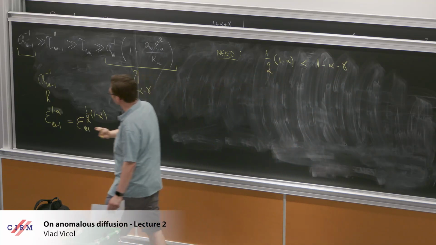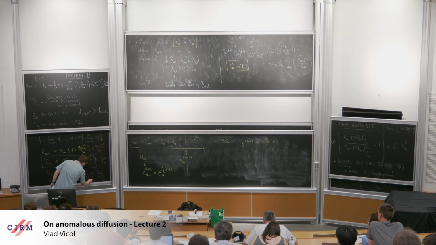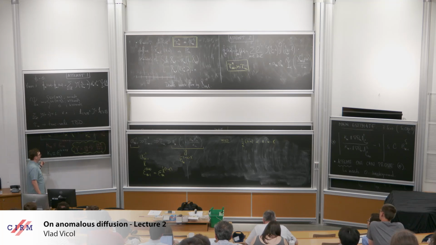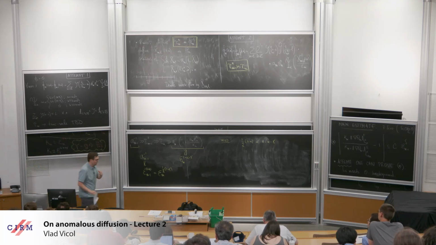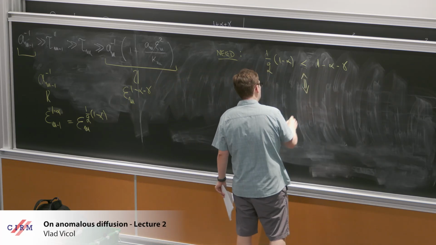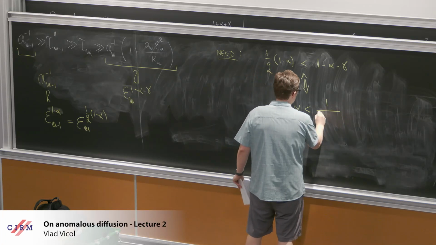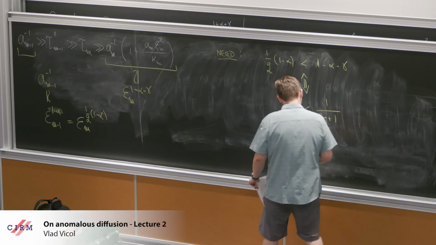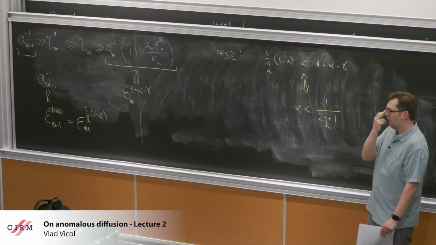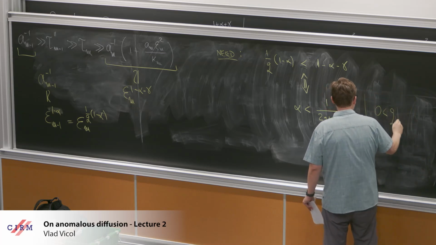But gamma was something explicit. It was not a random thing, right? Gamma is this. Okay? It's not a random parameter. Okay, plug it in, do the algebra, and you get that this is equivalent to alpha less, and remember Q has to be chosen like this.